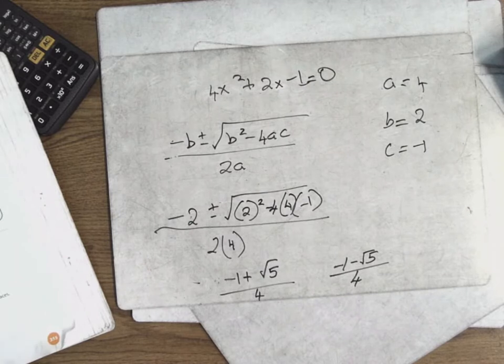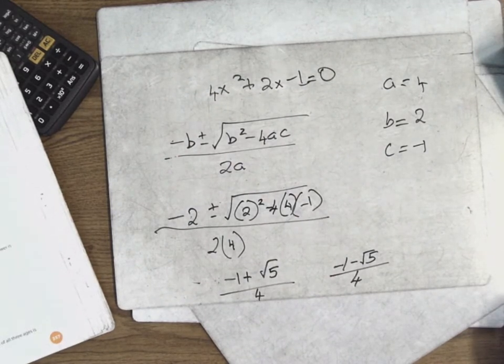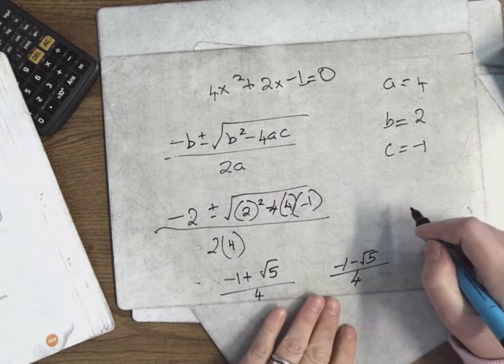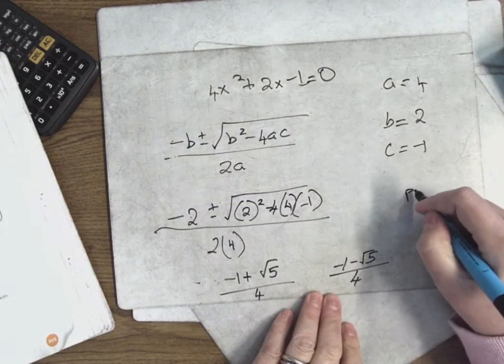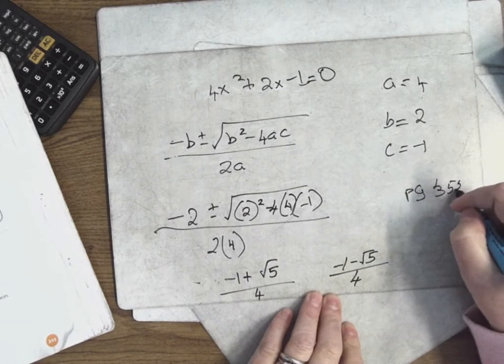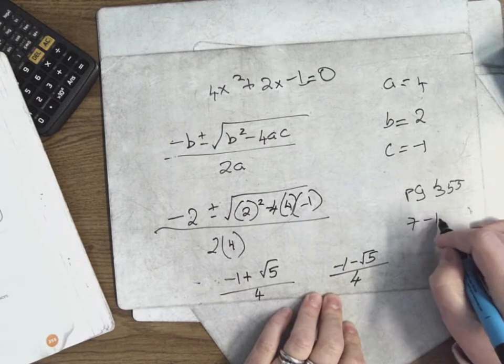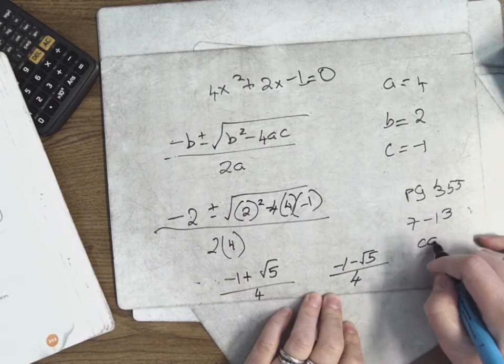Right, okay. Are we good? We're not going to move forward. We're going to do some more of them because I think we need more practice at them. So we're going to do page 355, and you're going to do 7 to 15, odd column only.